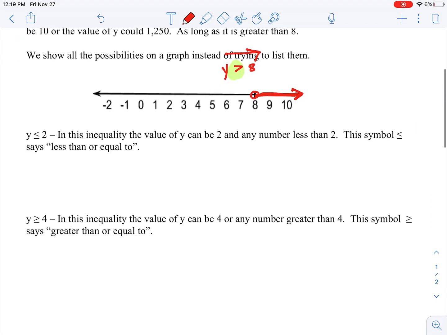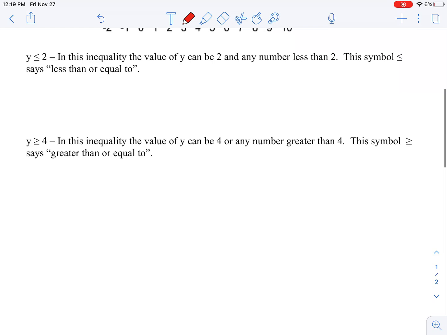Now, a symbol you might not be as acquainted with is this one right here. Y is less than or equal to 2. In this inequality, the value of y can actually be 2 because you've got that equal to part. And that equal to part is this line here. It's less than or equal to. So when it says y is less than 2, it also can be equal to 2.